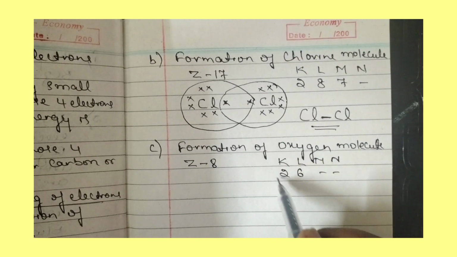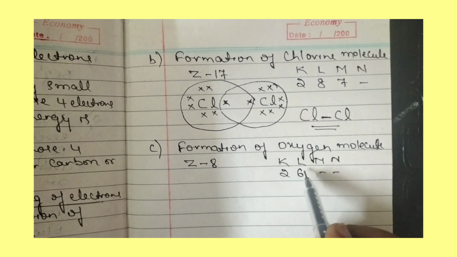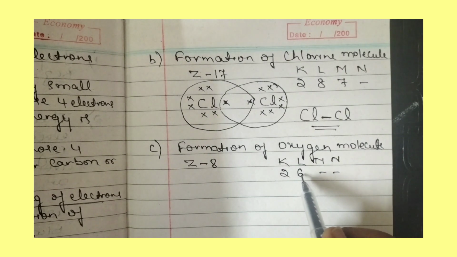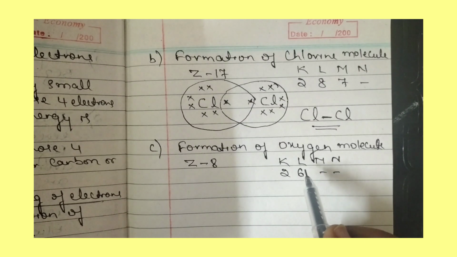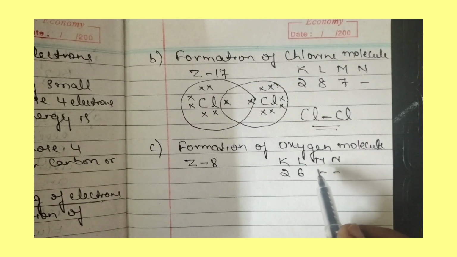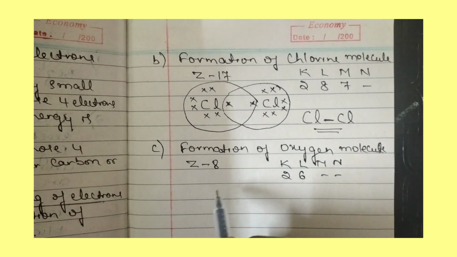For it to be completely filled, 2 more electrons are required. The oxygen atom requires 2 more electrons to fill L shell. So it shares 2 electrons with another atom of oxygen and forms a diatomic molecule of oxygen.